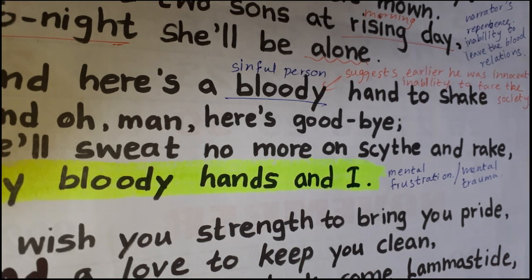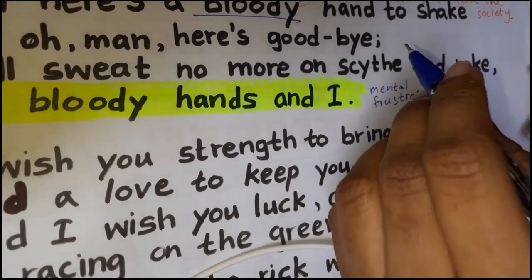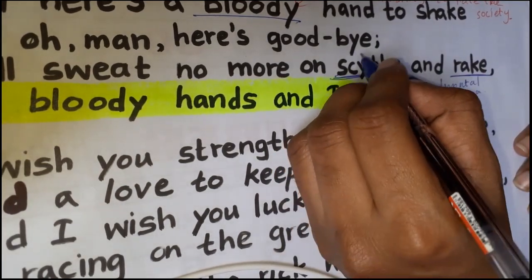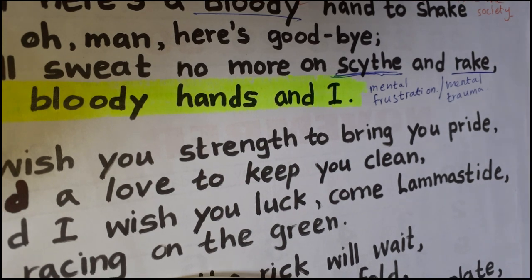And it again says, we'll sweat no more on synth and rake. You know, synth and rake are both used for agricultural purposes. Synth means the tool that you use to cut the paddy, and "we'll sweat no more on synth and rake" suggests that this is how they used to live.